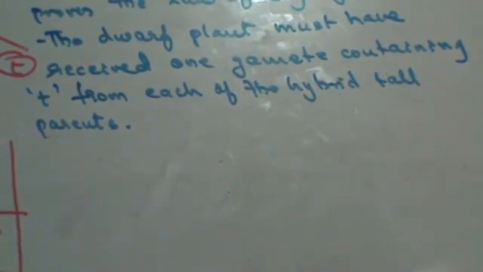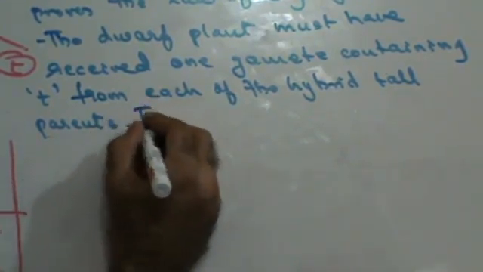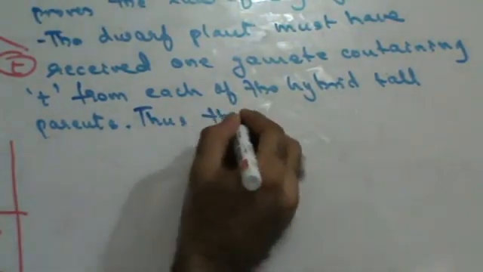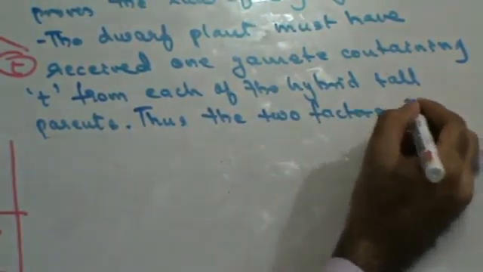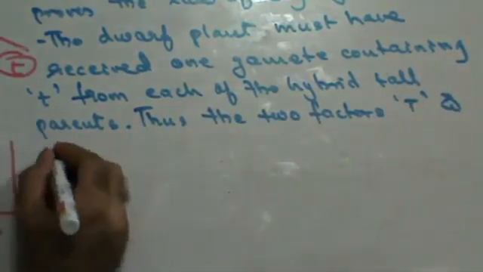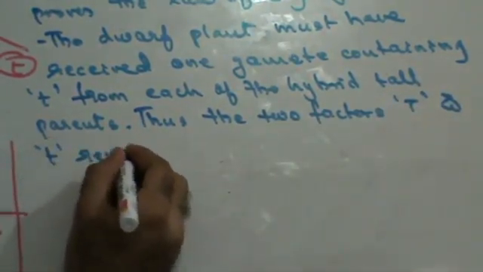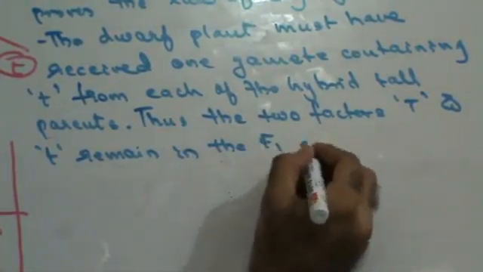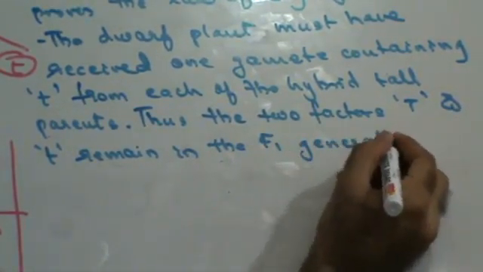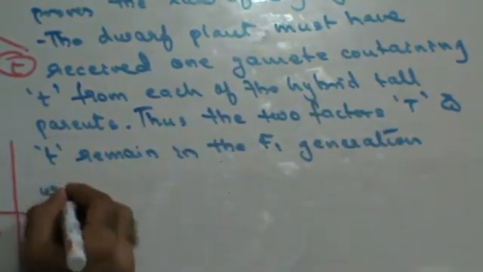Thus, the two factors T and t remain together in the F1 generation without mixing.